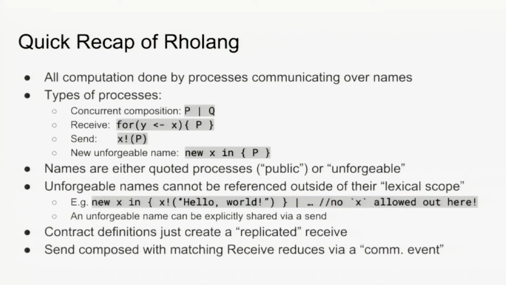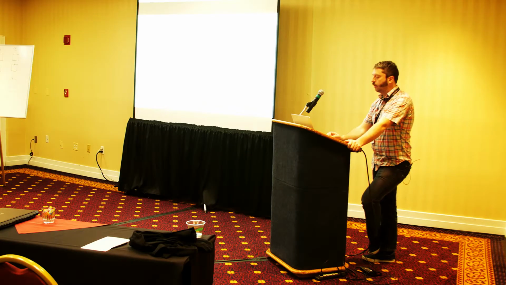So there's sends and receives, news, and there's some other things, but sends and receives are what matter for blockchain, because everything else gets evaluated down to sends and receives that are waiting, and that's what forms the state of the Rholang or of the blockchain.